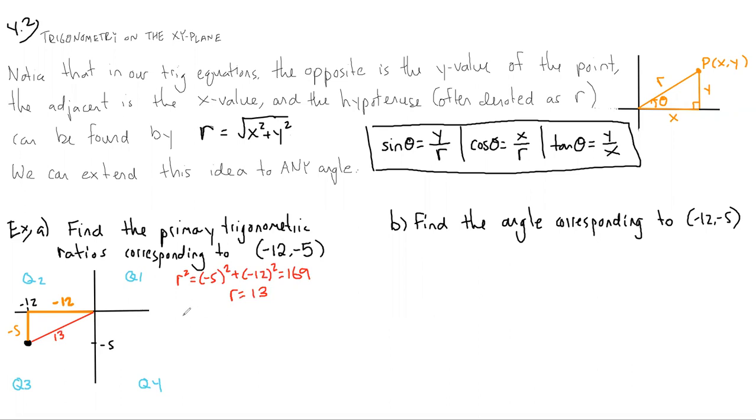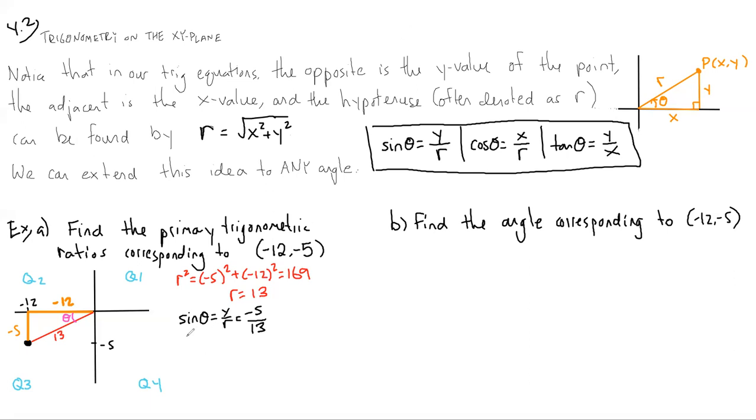So sine theta is y over r, which is, you can either use the y from the point, -5 over the r, which is the root of 12 squared plus 5 squared, 13, or you can just use that picture with this angle right here.